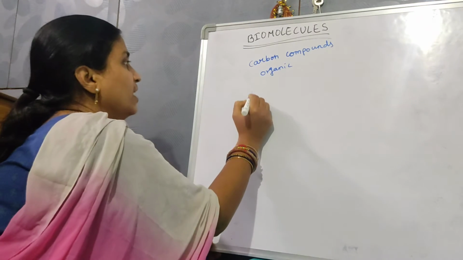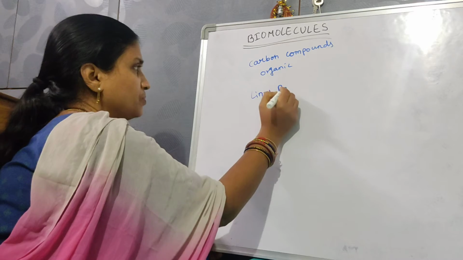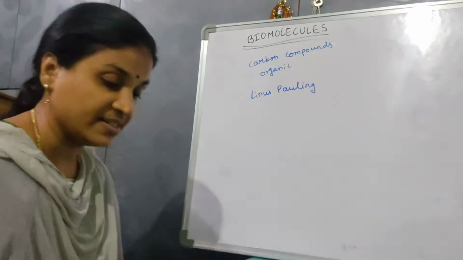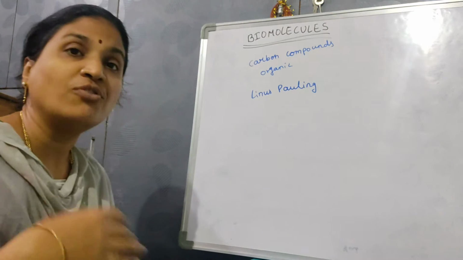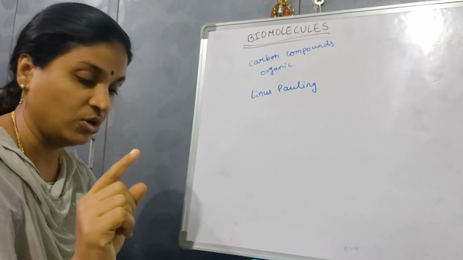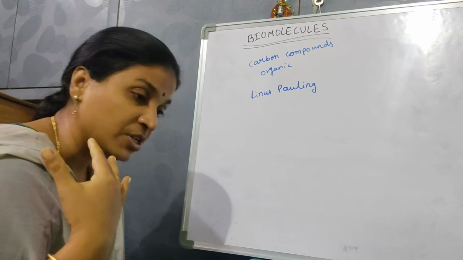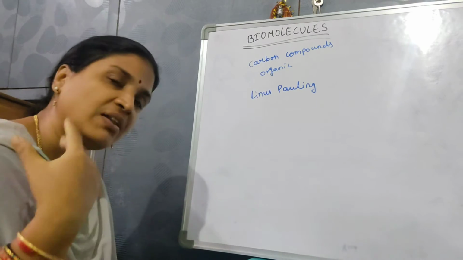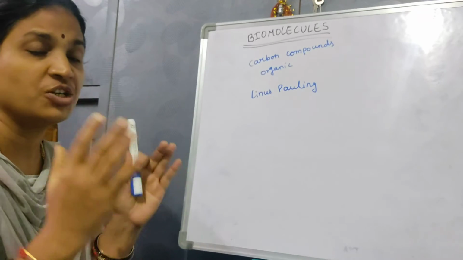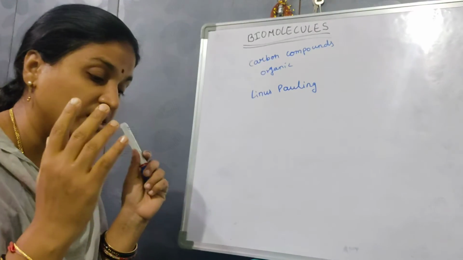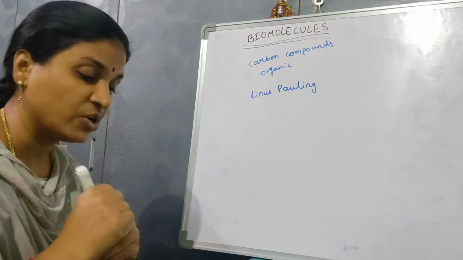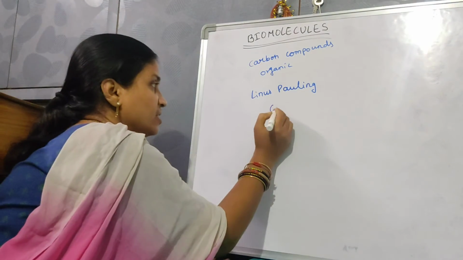So according to Linus Pauling, life is possible or life is existing because of the interaction of various biomolecules, and it is not the property of a single molecule. The collection and sum total of all the different types of biomolecules, those compounds or ions present in a cell, is called the cellular pool.